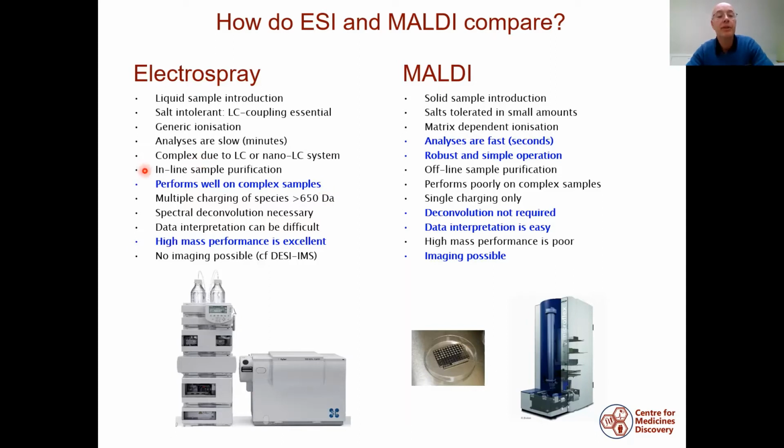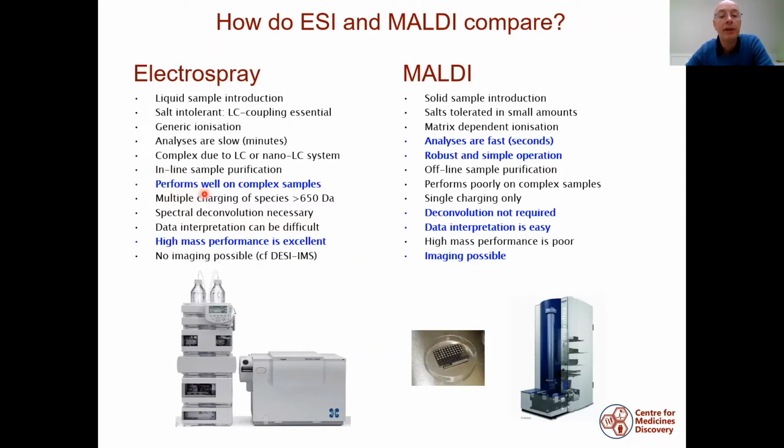In terms of sample purification, in electrospray, the sample purification is in line. If you're going to do sample purification, and remember, mass spectrometry works better the purer your sample is, in MALDI you're going to have to do that sample purification offline, and that's quite common. This is important.